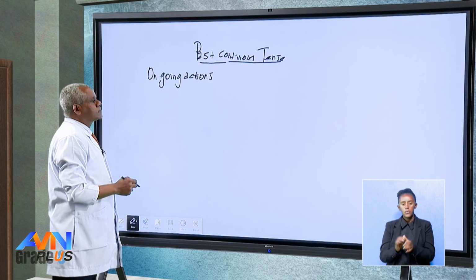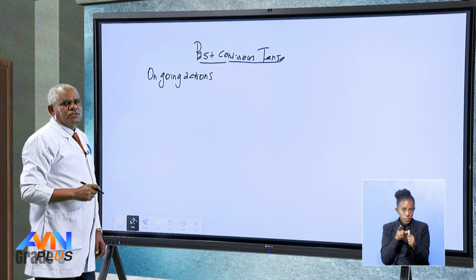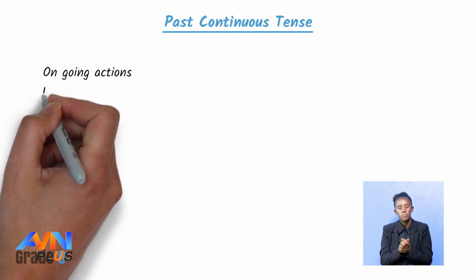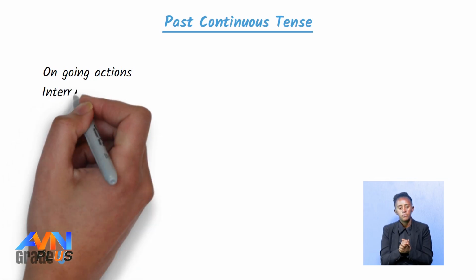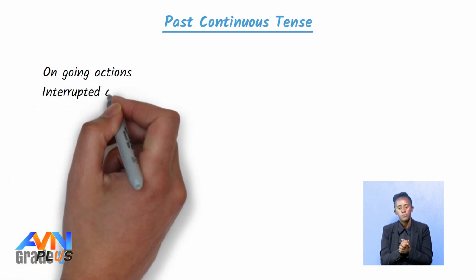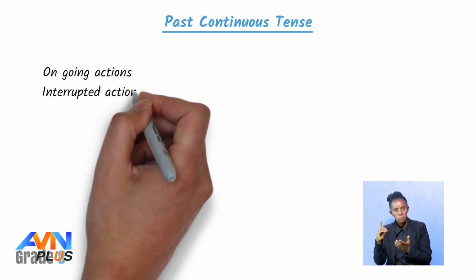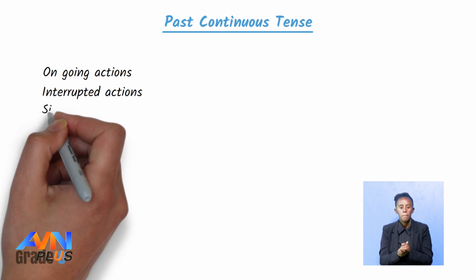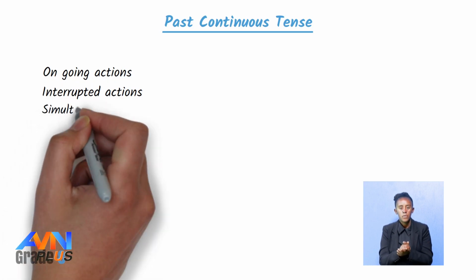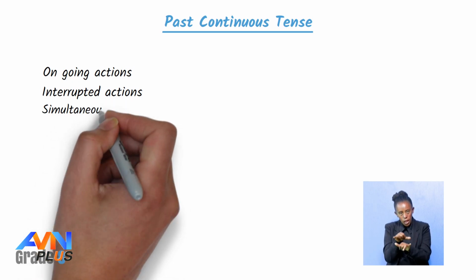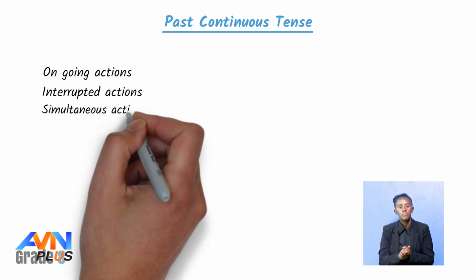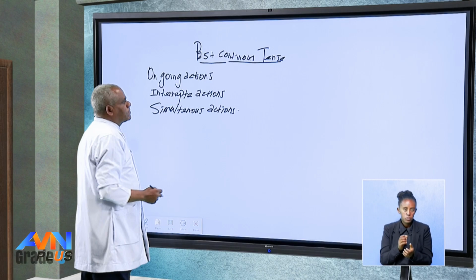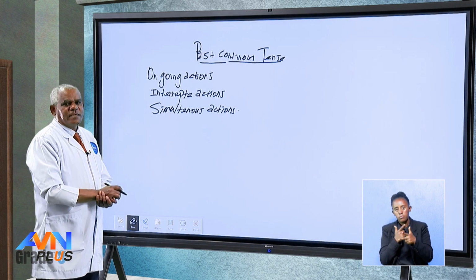Ongoing actions. This is the first one. And the other one is interrupted actions. What do you mean by that? The other one is simultaneous actions. These are three functions of past continuous tense.